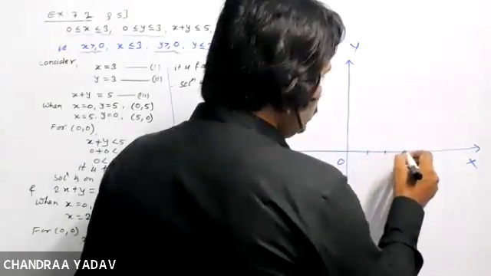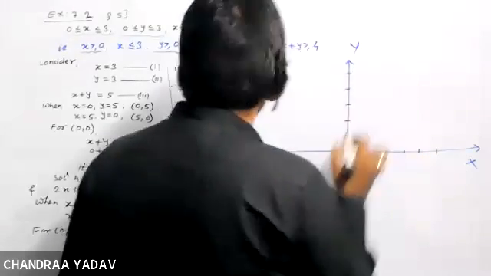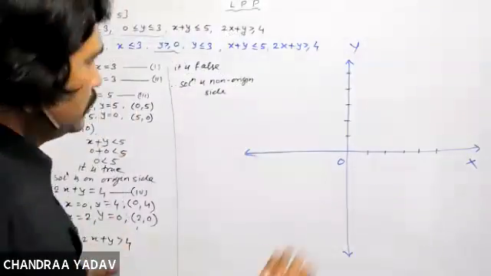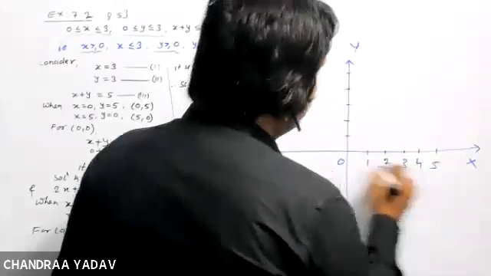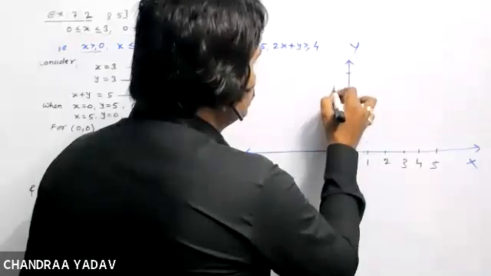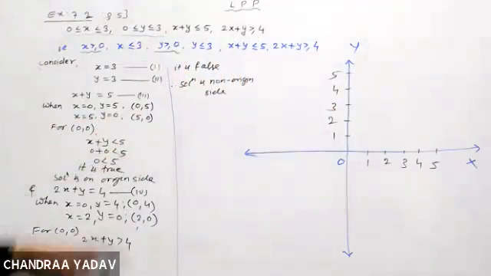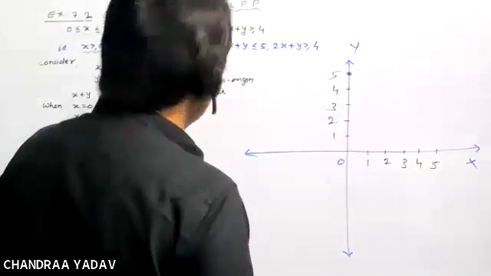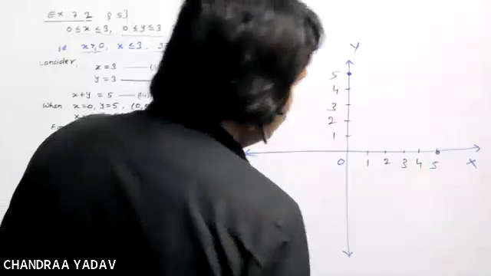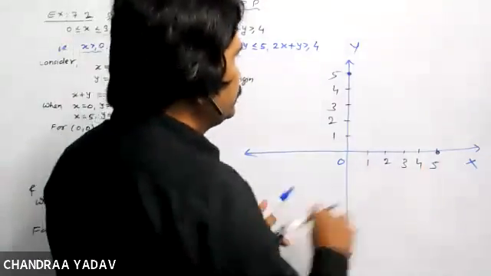So 1, 2, 3, 4, 5. 1, 2, 3, 4, 5. There is no negative value. Now, plot the points 0, 5 on the positive y-axis, 5, 0 on the positive x-axis. Connect these two points.